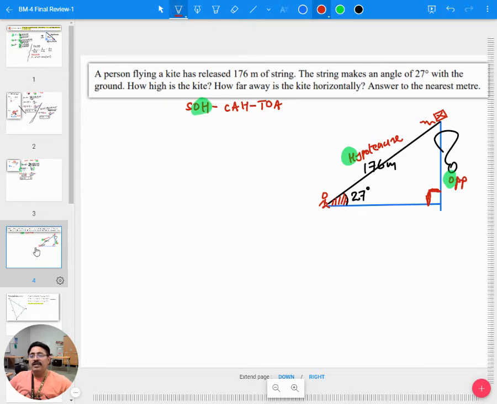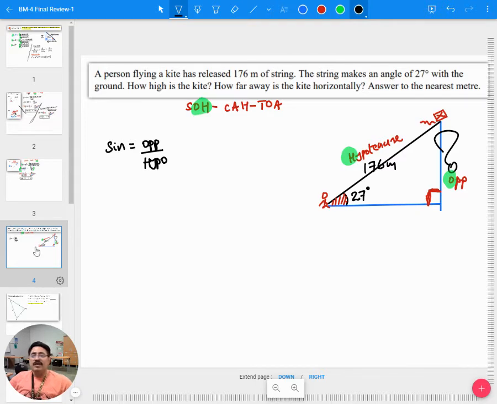Let me write the sine condition. Sine equals opposite to the angle, or opposite side over hypotenuse, right? Now we know all these details.